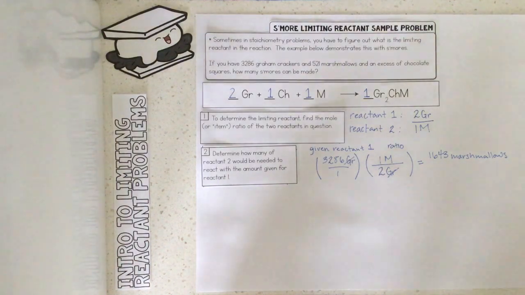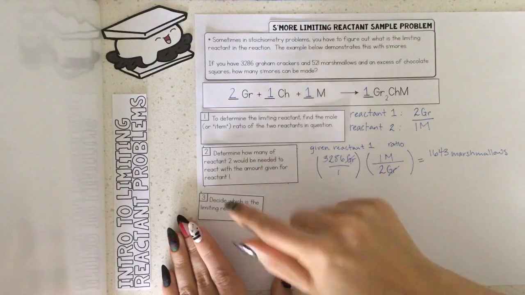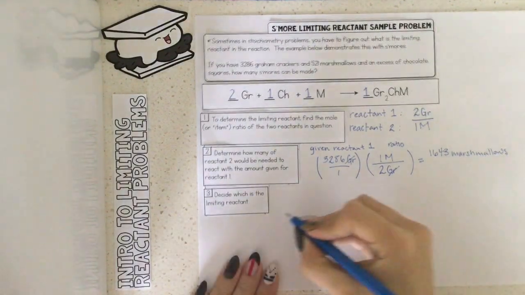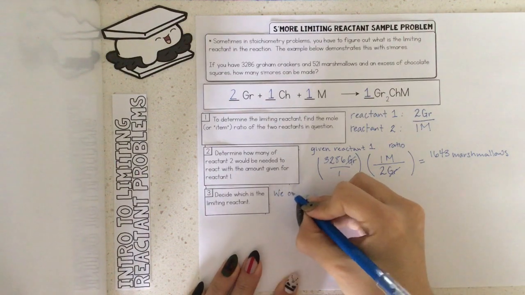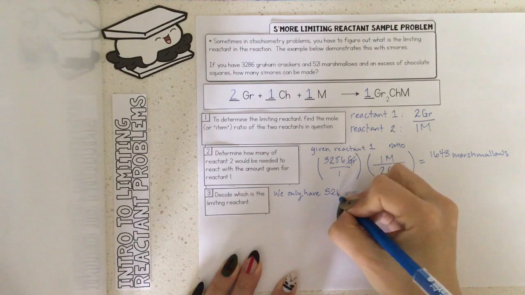That brings us to step 3. Decide what is the limiting reactant. We only have 521 marshmallows.